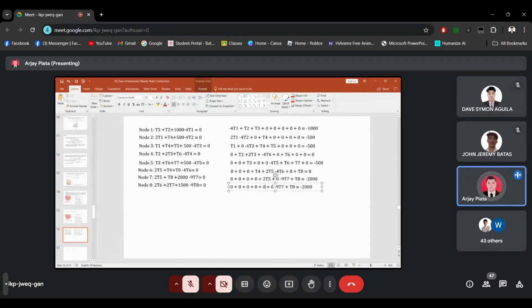We have 2T6, 2T7, minus 98 equals negative 1500. So that's our equation.